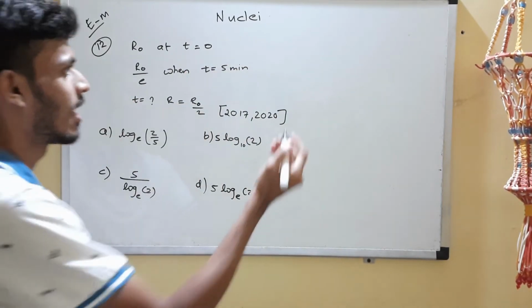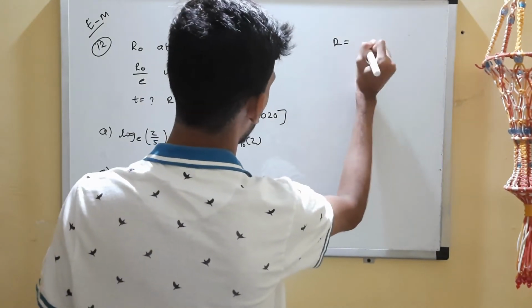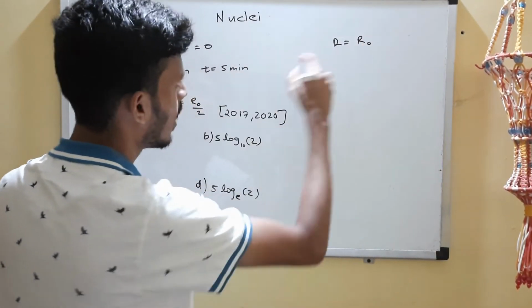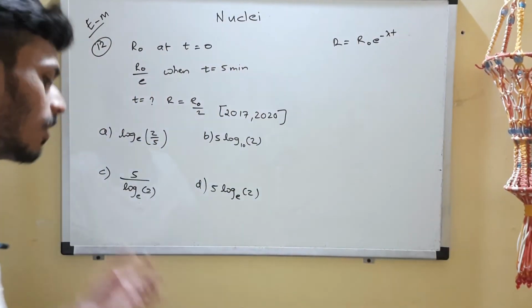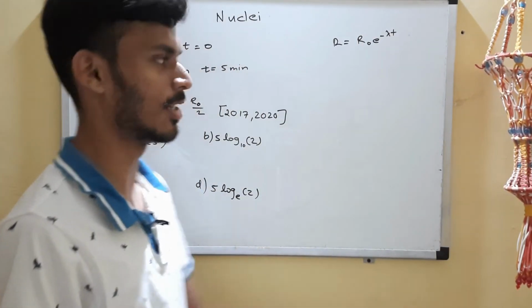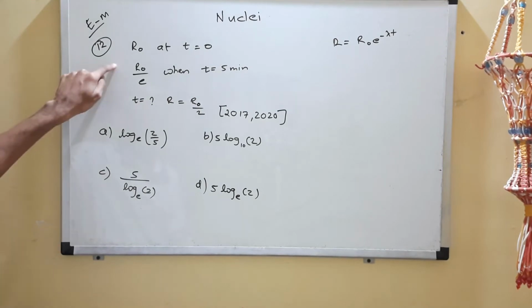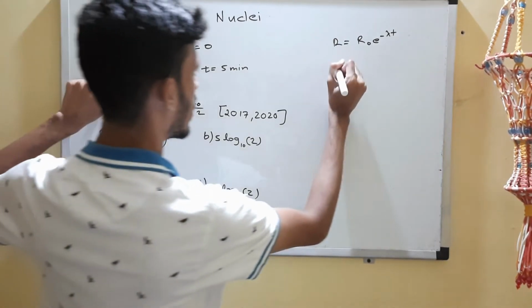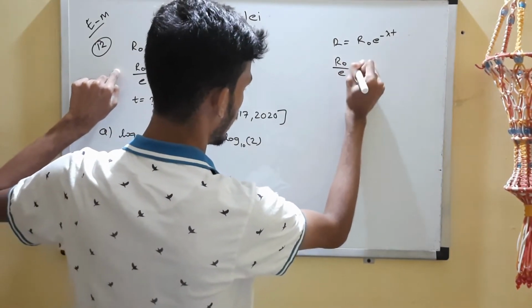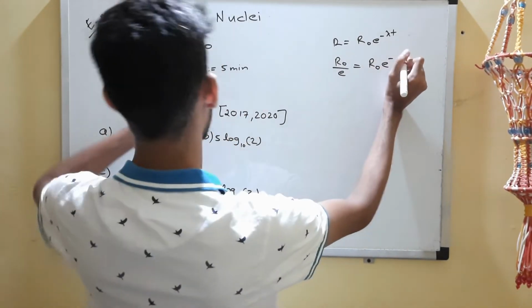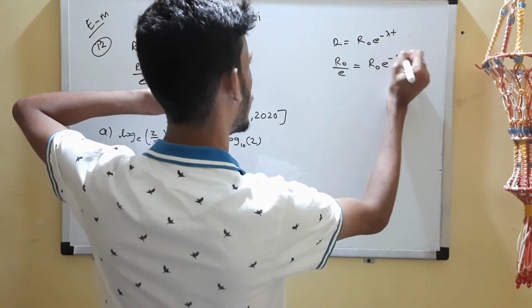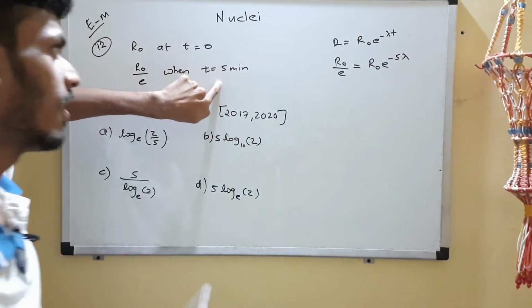Let's try it. The equation for activity is r equals r0 e to the power minus lambda t. It's analogous to the radioactivity equation. First we'll use this data. It becomes r0 by e when your time is 5 minutes. So in place of t we'll put 5, so that becomes 5 lambda.